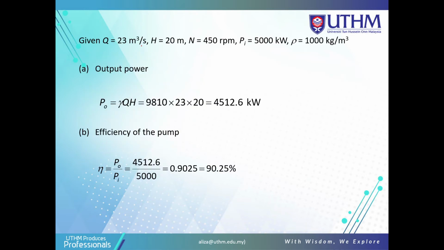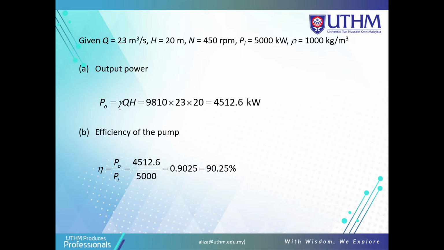Solution: you just use the formula to get the output power. The power is the specific weight times Q times H, where H is the head, Q is the discharge, and the specific weight is 9.8 times 1000, which is the density times g.